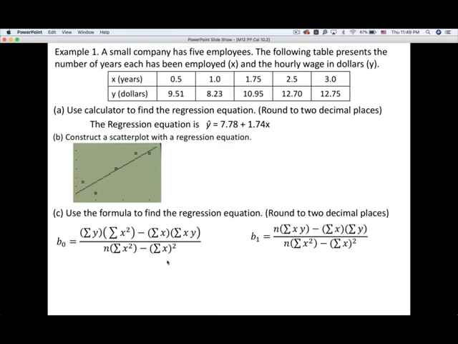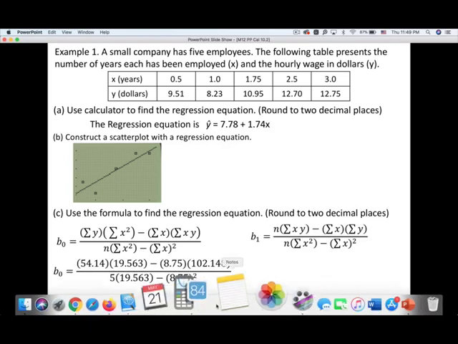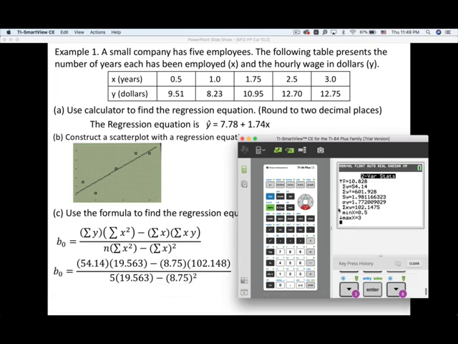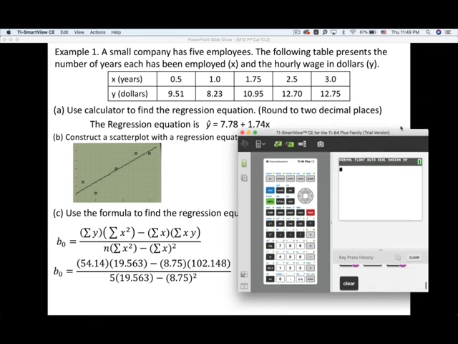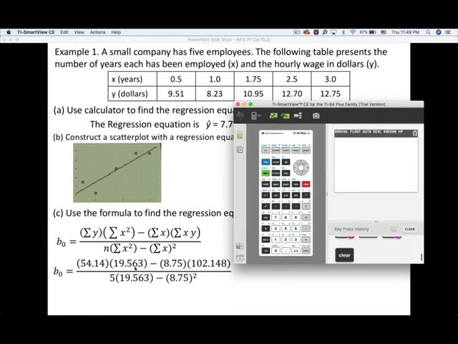Okay, so copy this one. You should get here. Okay, just plug it in. Use your calculator. Now use the calculator to find the B naught. I'm gonna put the big parenthesis on the top, big parenthesis on the bottom.